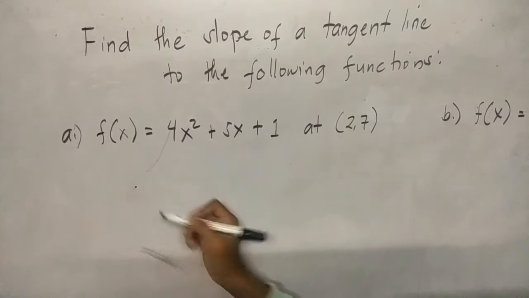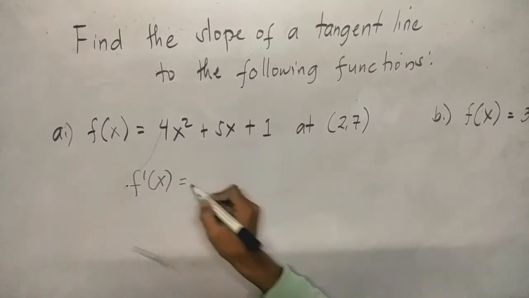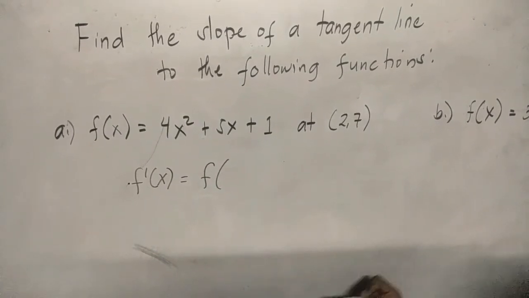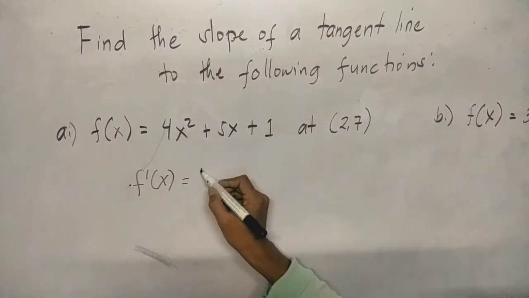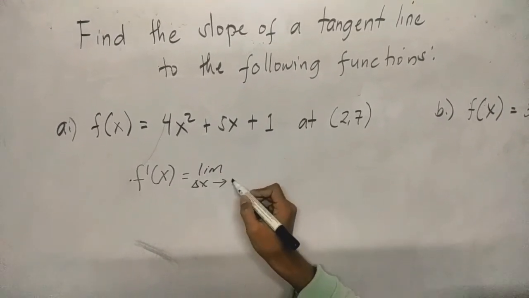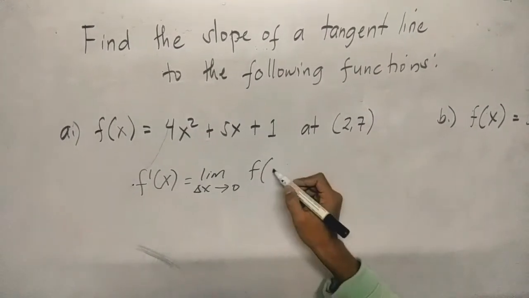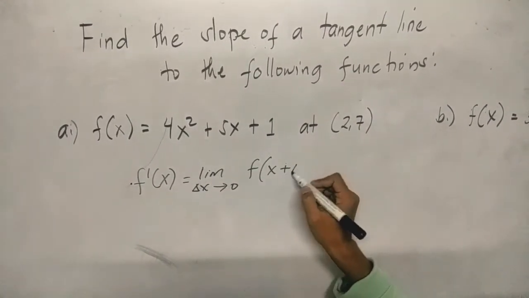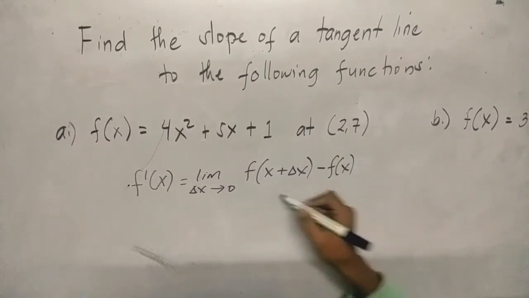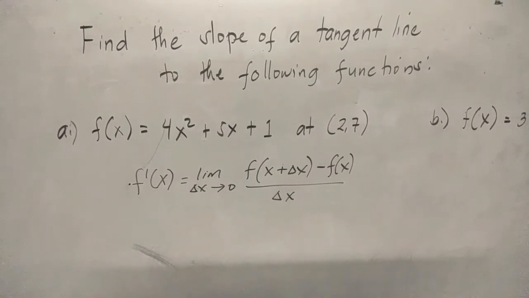We have f prime of x is equal to the limit as delta x approaches 0 of f of x plus delta x minus f of x, all over delta x. Okay?